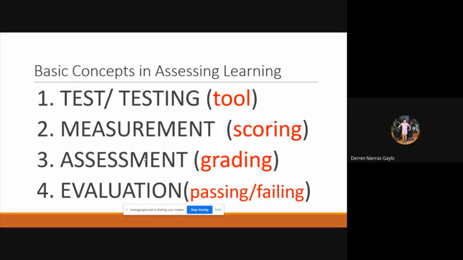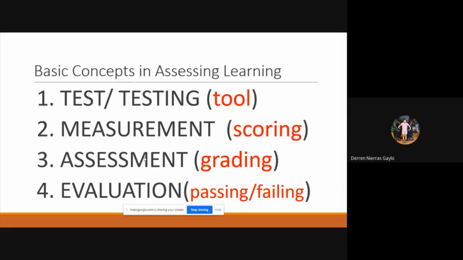Measurement is more on the scoring, the score. It's also assigning of value. It's also quantity. The word quantity talks about measurement. Assessment is on the grading. It's more on collecting, organizing data, gathering.